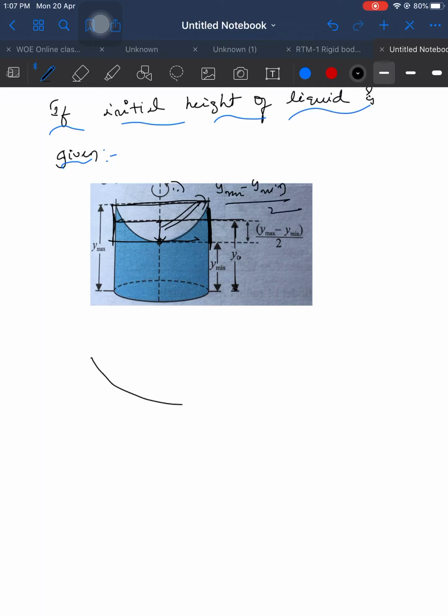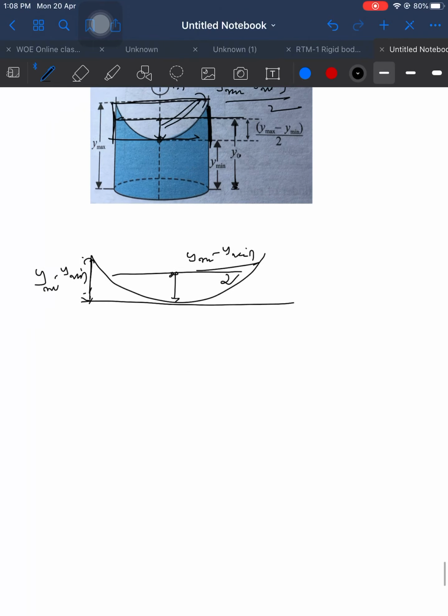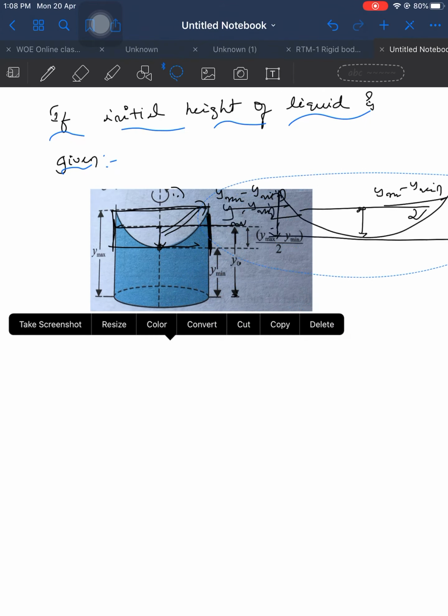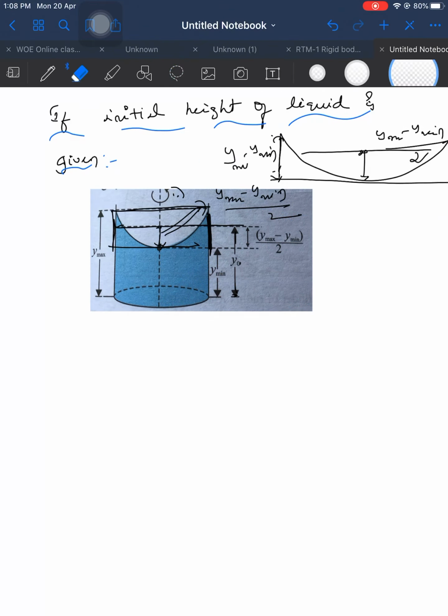If you don't understand, see carefully. I want to know how much height from here. So I have the height here. How much is the height? Y max minus y minimum. To get the mean position, it is equal to y max minus y minimum by 2. Okay, so I can equate, what will be the y naught value? So let's write the y naught value.